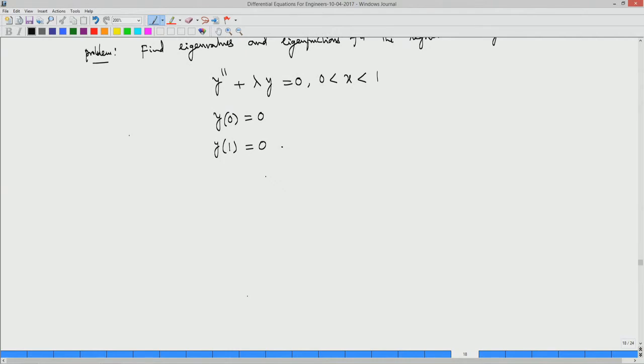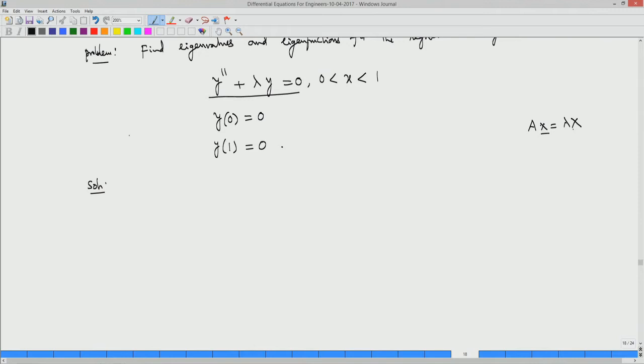So, how do I solve this? I need to find eigenvalues and eigenfunctions. First, we put it as an eigenvalue problem where lambda is a parameter. What is the eigenvalue problem? For a matrix, A x equal to lambda x is your eigenvalue problem.